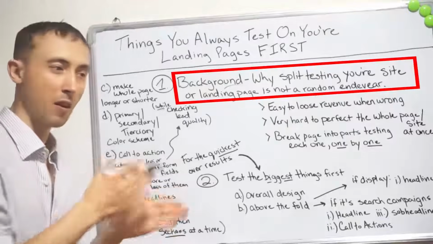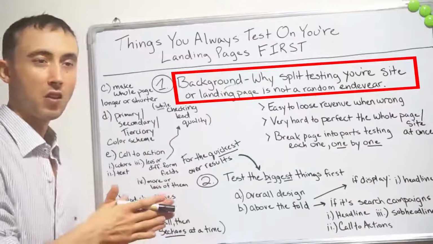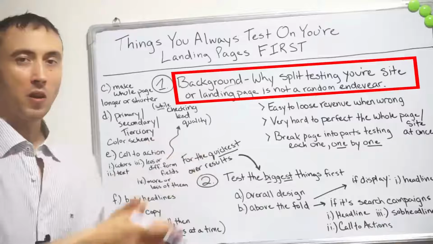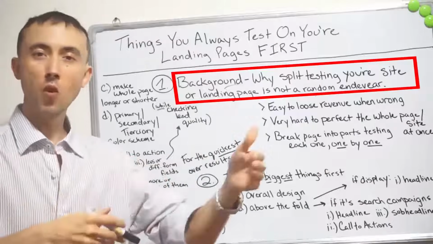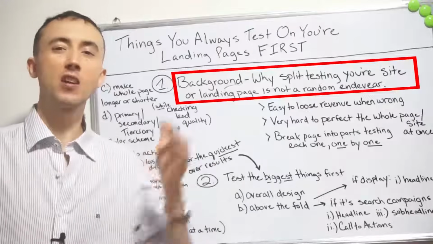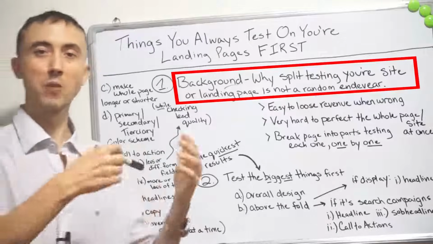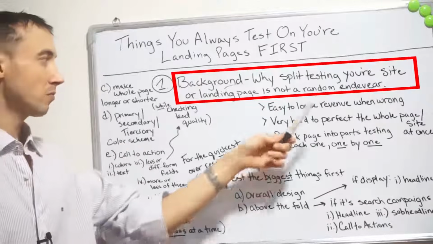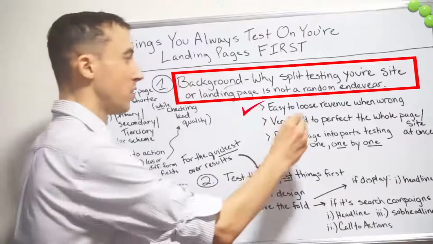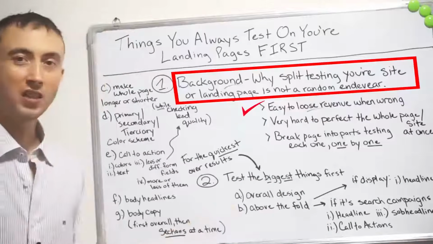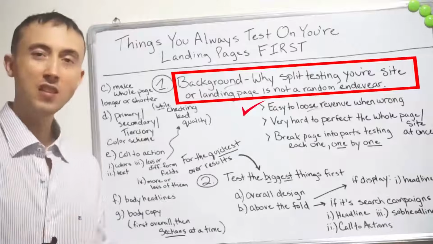You want to do it in a very measured approach, so you don't go too far backward to go forward, and you're most likely to go forward instead of backward, so along the way you aren't losing a bunch of money. There's a process to that, and this is what I'm going to explain. It's easy to lose revenue when you're wrong to get ahead, and we're not talking about a little.